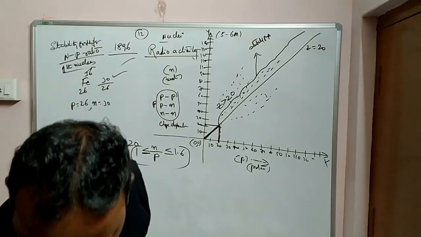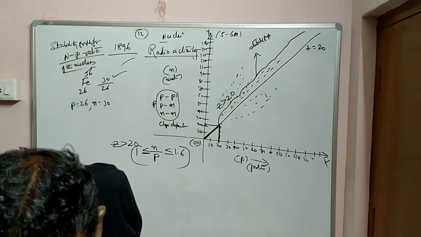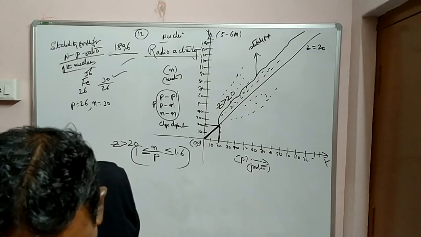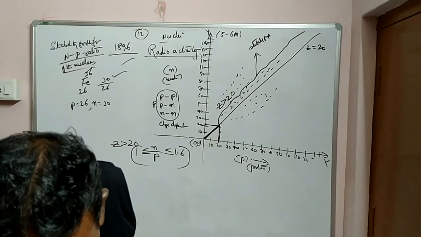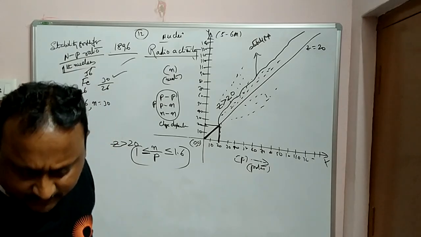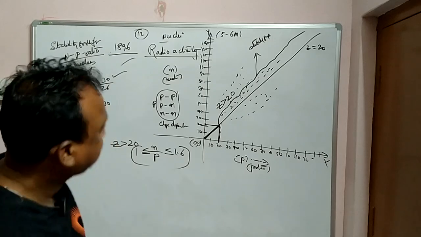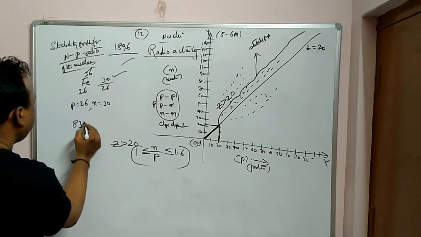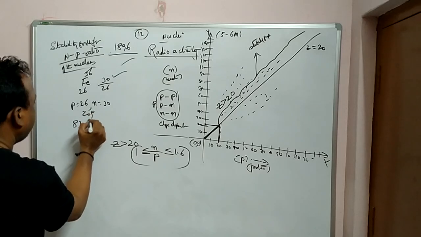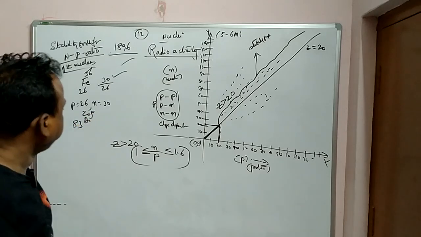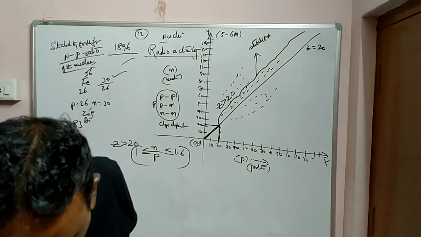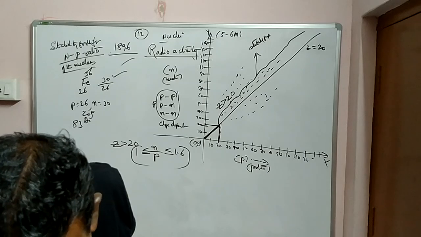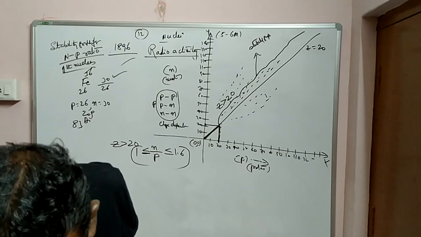And this also goes up to, I think, atomic number 83. Okay, up to atomic number 83, mass 209. This is, I think, bismuth. 83, 209, that is bismuth in your periodic table.